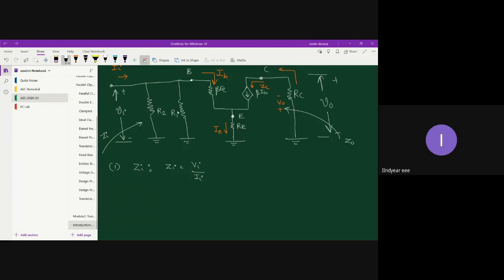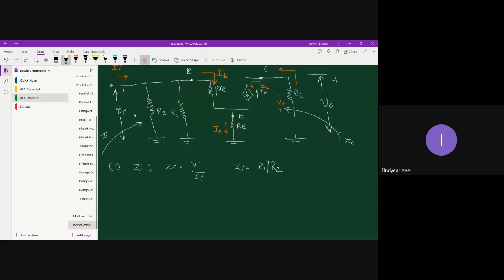R2 parallel with R1. That is correct. What about these two resistors? On the input side, how are these two resistors connected together? Zi is R1 parallel with R2.